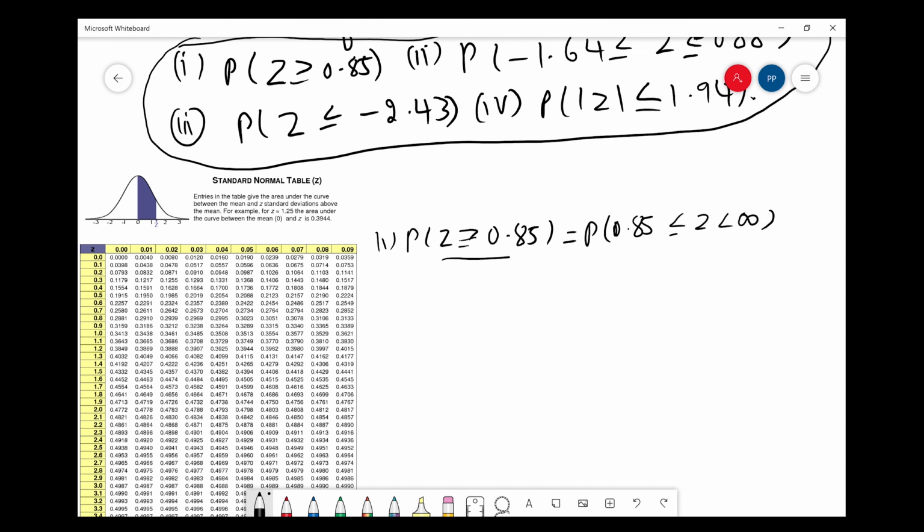So whenever you are given z greater than or equal to something, write the interval probability from that value to infinity. Now look at this: it is from a positive value to a positive value.